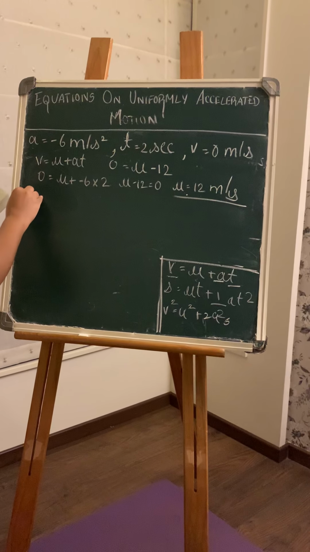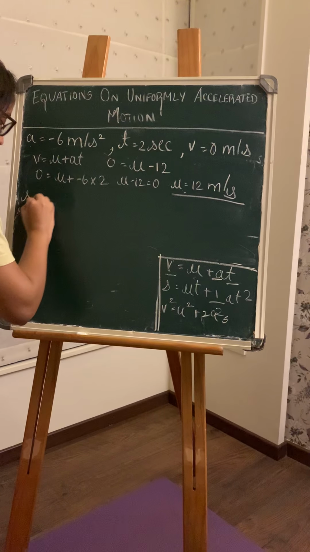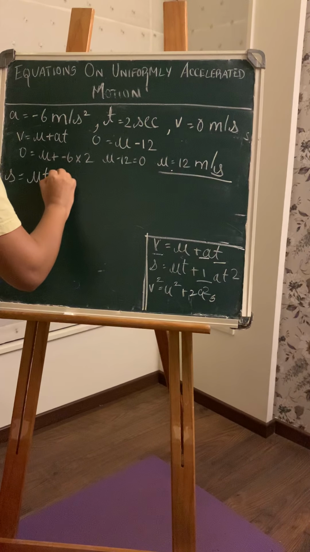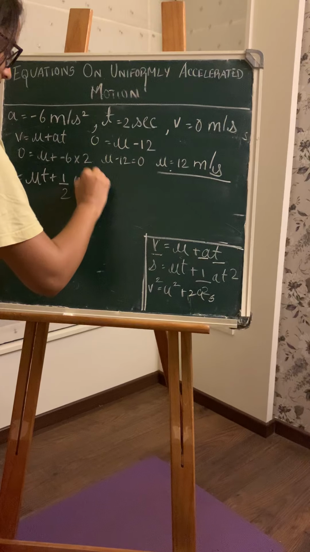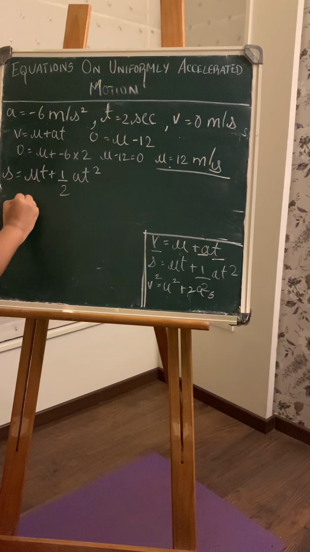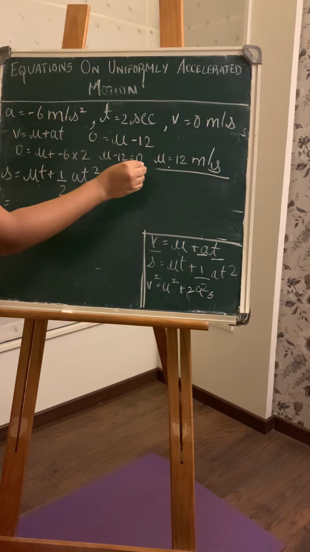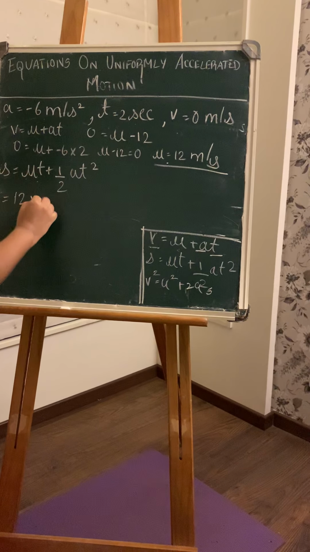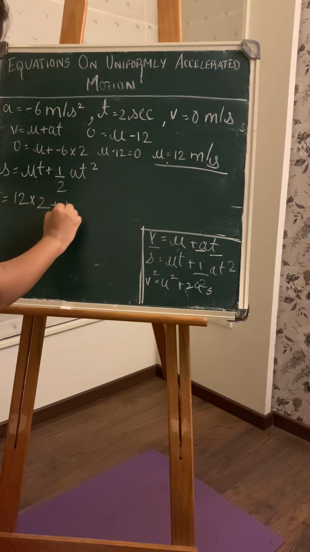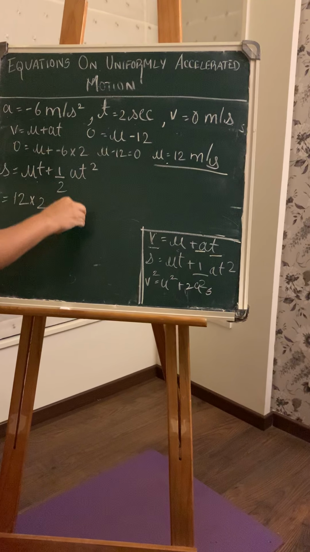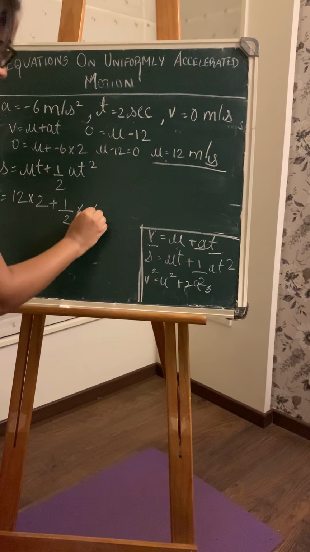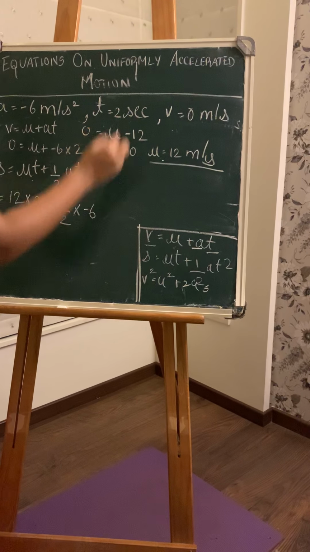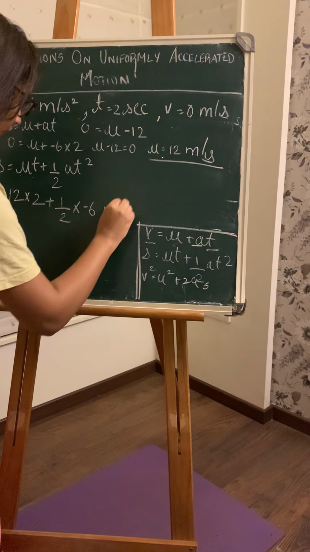Now let's use the second formula to calculate the distance, because that's what they have asked. S is equal to ut plus half at square. S is equal to u, which is 12, into t, which is 2 seconds, plus half into acceleration, which is minus 6, into t square, 2 square.